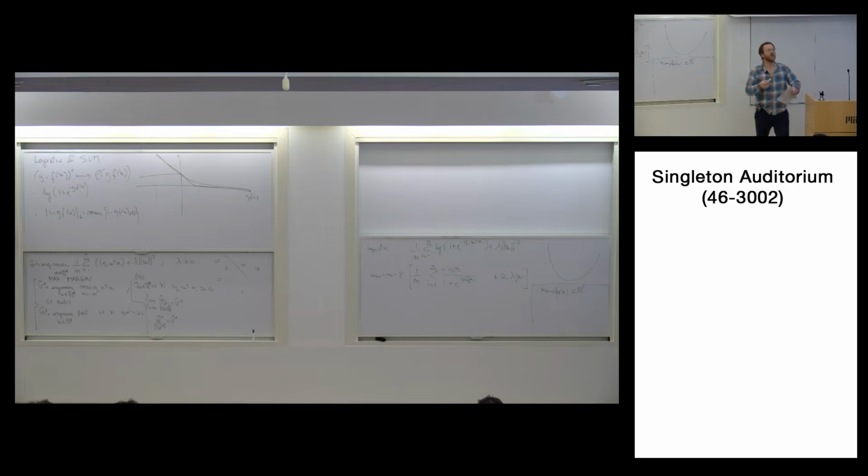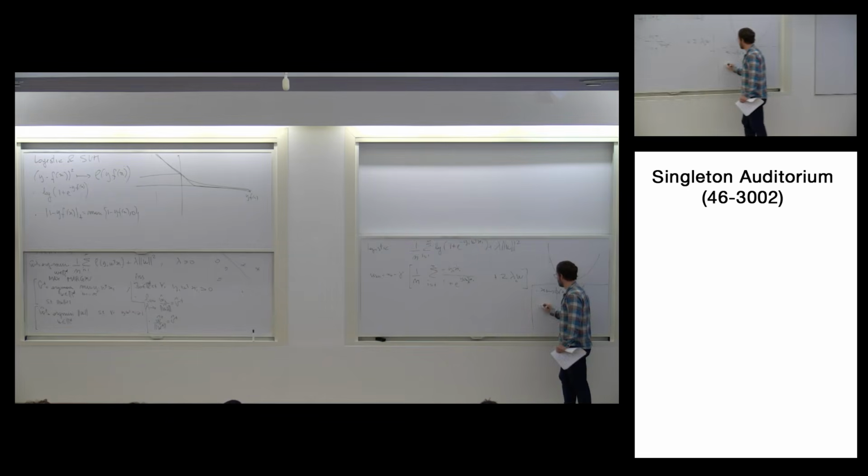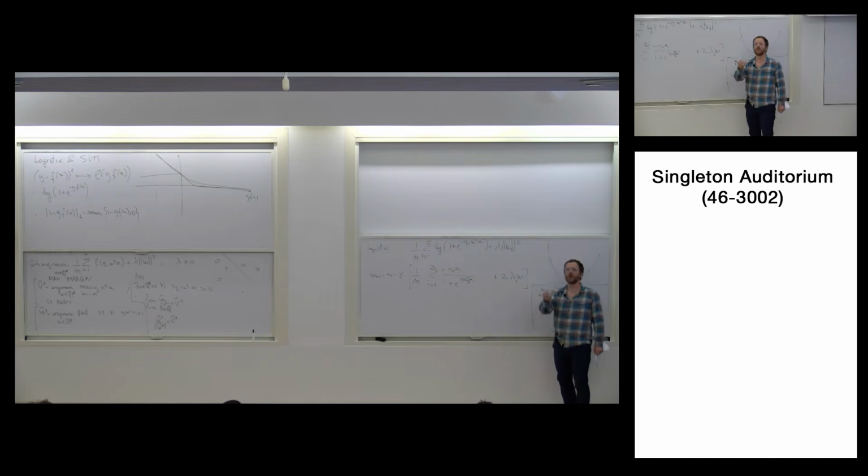What about going to kernels? Do you remember how we did it? We discovered that the W we were looking for was not just any W, but was a W of this form.